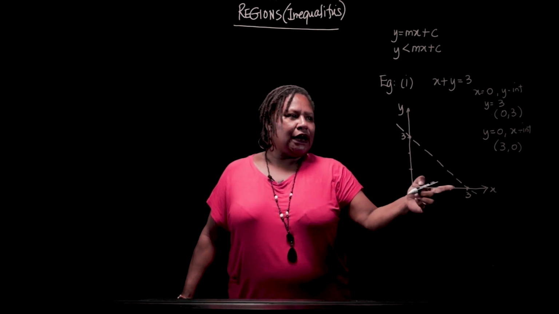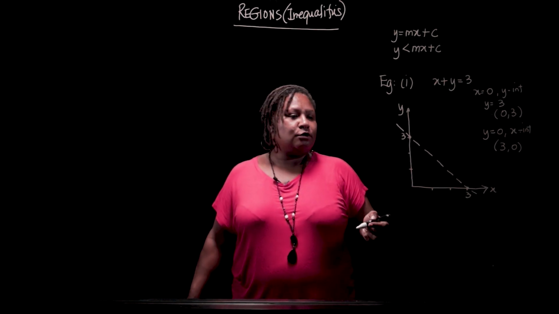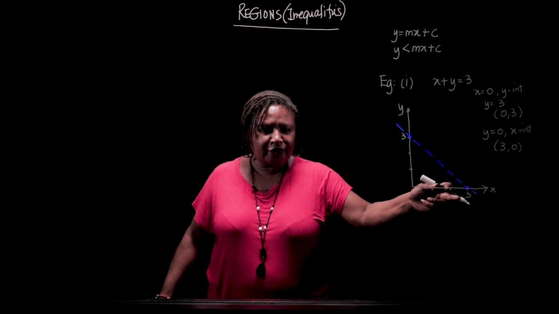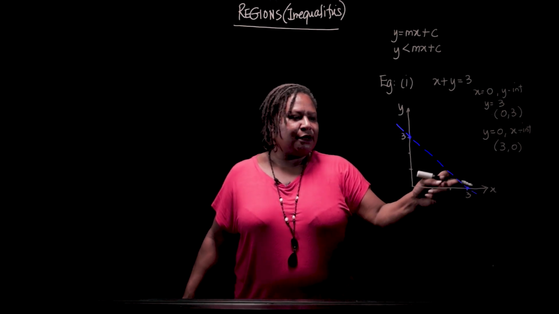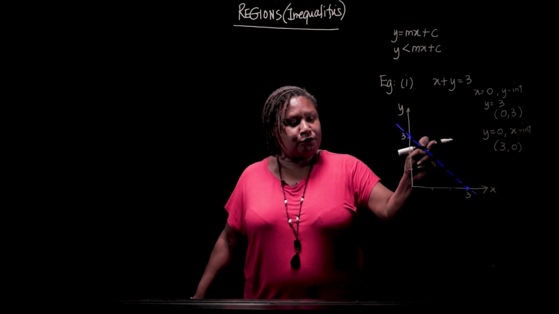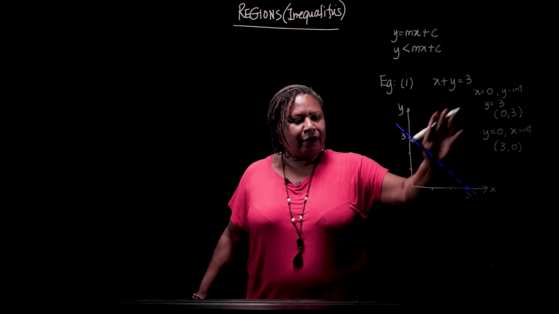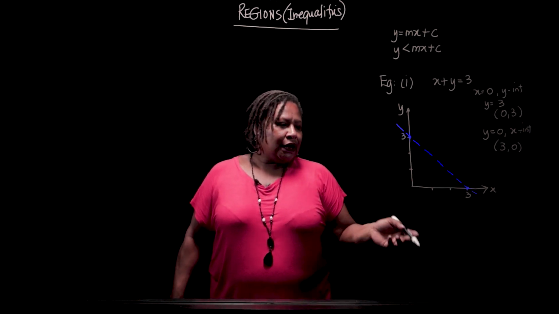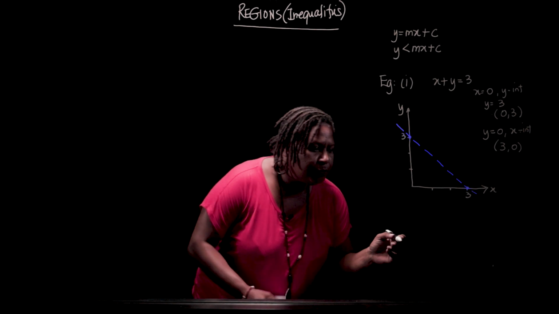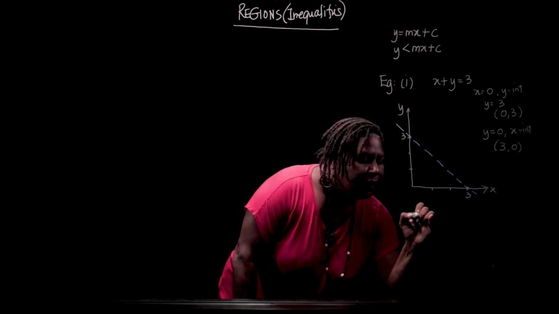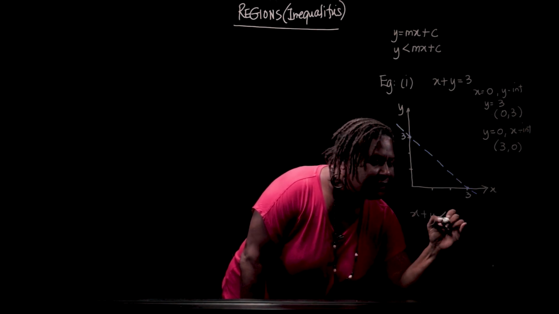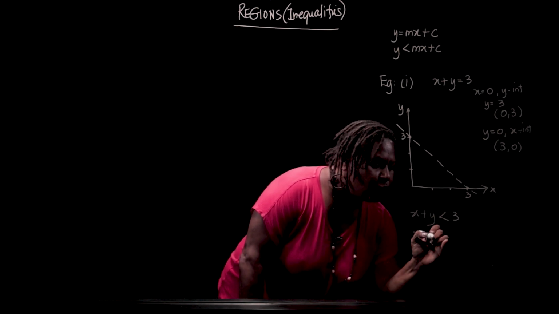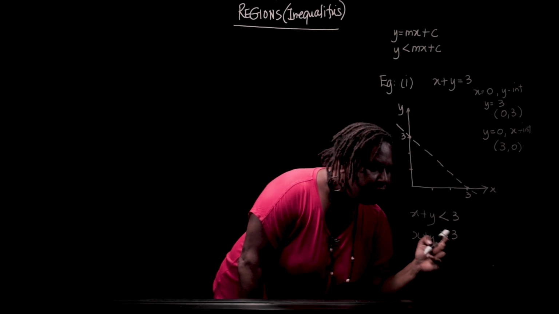Our line, x plus y equal to 3, is drawn, and it is referred to as the boundary line. That boundary line separates the two regions, one above the line and another region below the line. Those regions will be x plus y less than 3, or x plus y greater than 3.